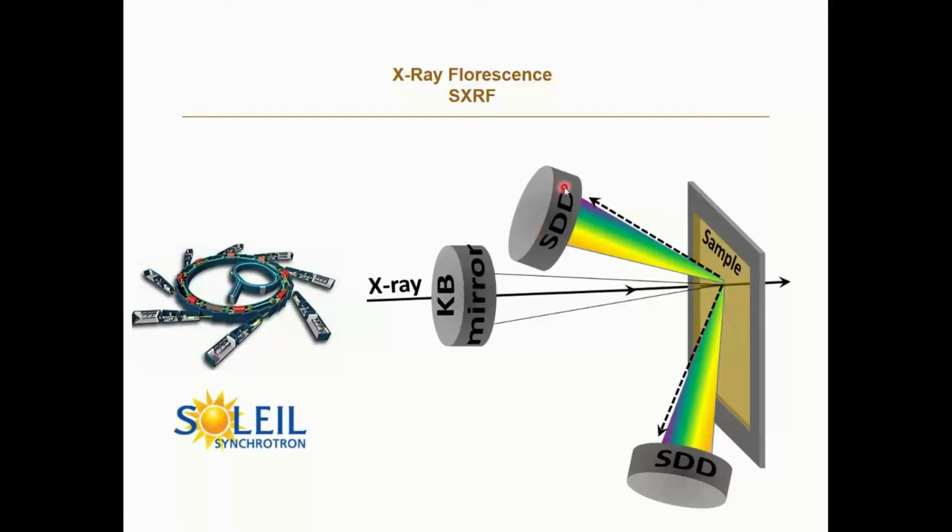However, detectors are placed very close to the sample, approximately 1 degree from the sample surface, and those two detectors collect the fluorescence signal that comes from the elements. Scanning the sample, we could detect different elements in it.